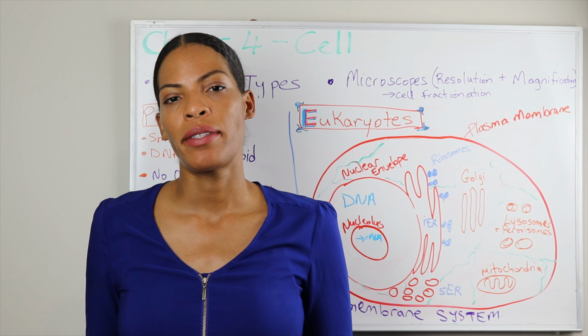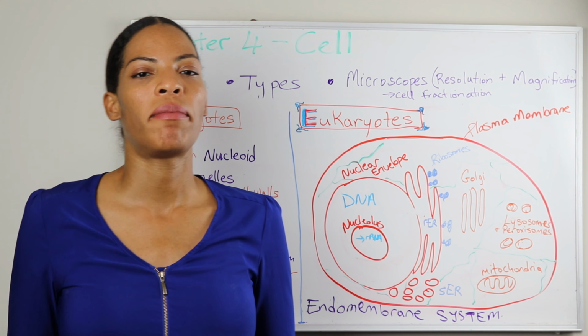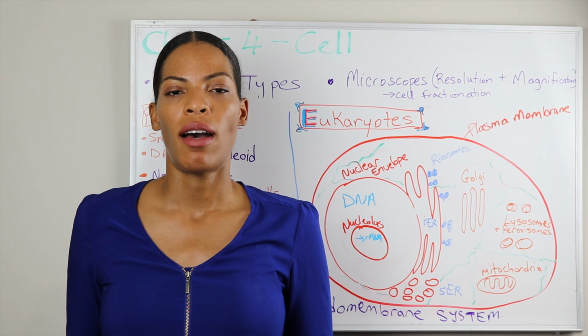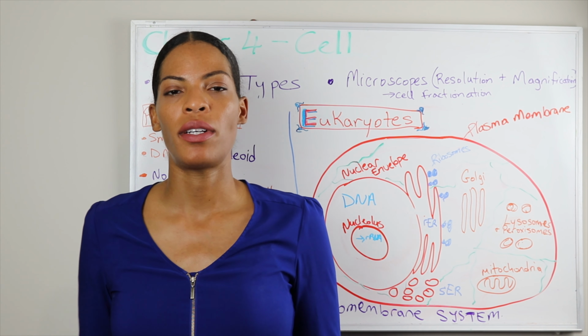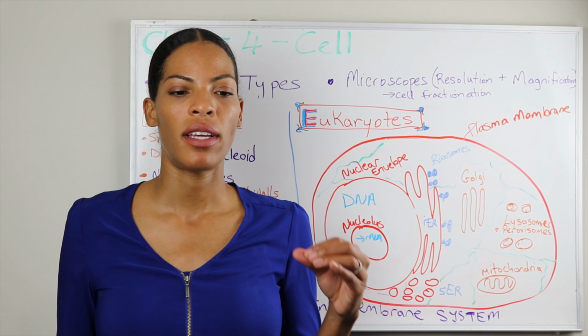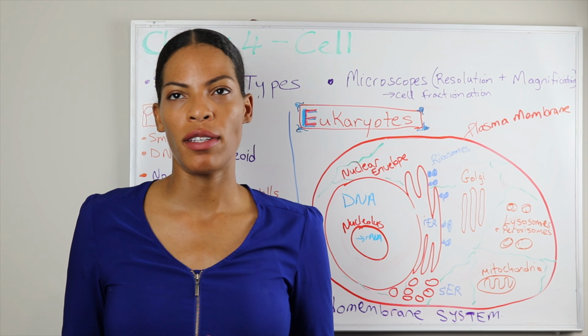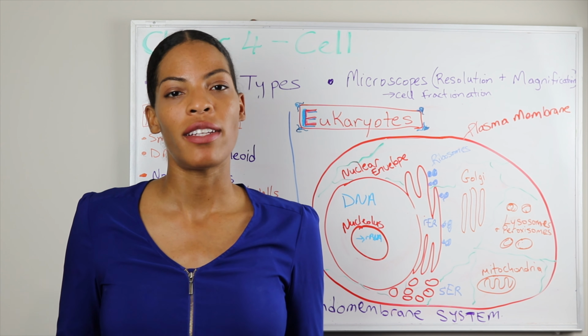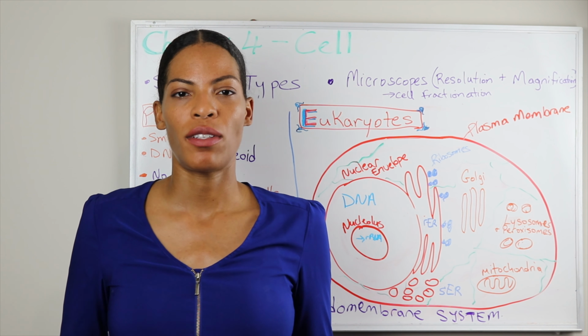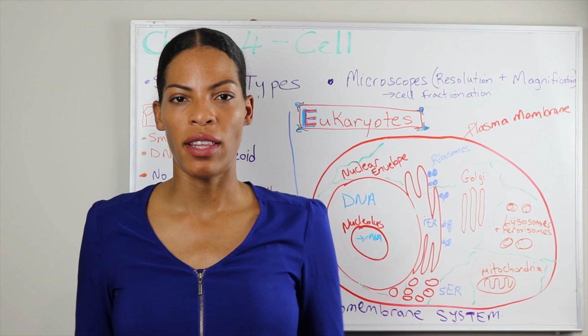transmission electron microscope. These types of microscopes use electron density, or the density of the different parts of the cell, in order to create an image. It kind of uses ionization with those electron charges to create this image.